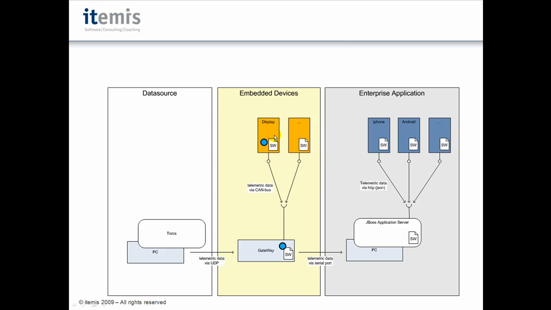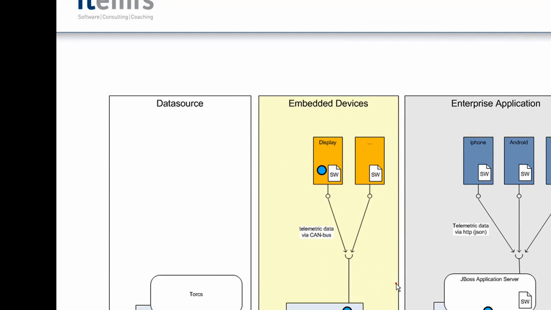This is an Atmel processor without an operating system, but with a small display. On the enterprise side, the data is sent over a serial link to a PC running a JBoss application server. It can then be remotely accessed from iPhones and Android phones by means of standard web services.